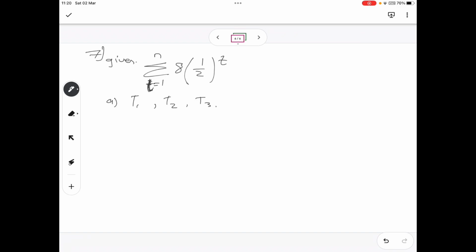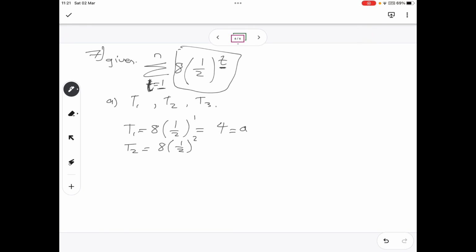Okay, but the first place to start is substituting 1 into that t over there. So this becomes 8 times a half. For t equals 1, we'll put 1 there. And that gives us 8 times a half, which is 4. And this equals a.